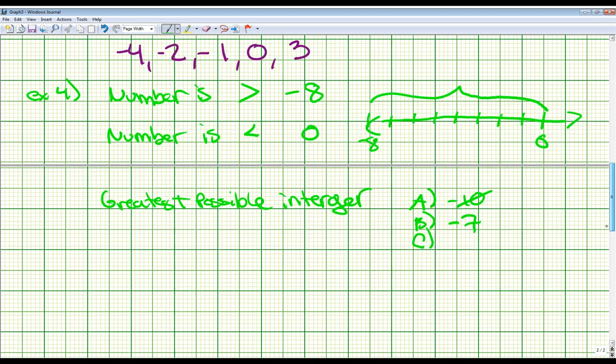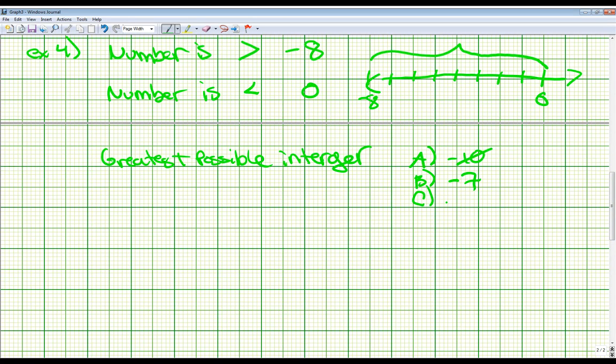Choice C says -1, and that is within our possibilities. And then choice D is +2. And +2 would be outside of this section, so that would not work. So we can cross off those two. If we want the one farthest to the right, it's the greatest. We're going to go with -1 as our final answer. That's the greatest possible integer within that range.